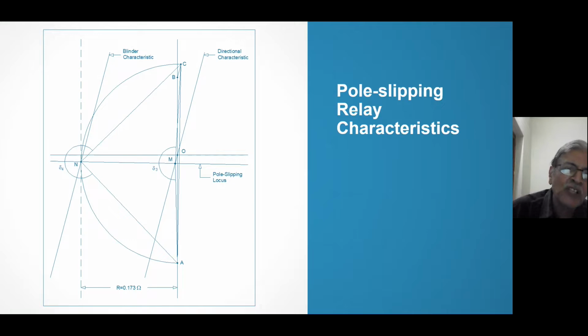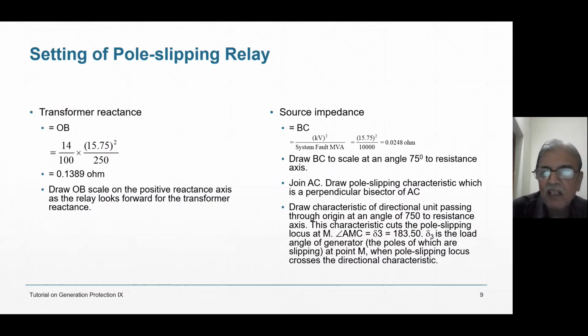And when it is crossing the blinder, it is 270 degrees. And we have to keep 270 degrees because with modern auto reclosers, up to 3 pole pitches are allowed. So you have set delta 3, but the timer should have timed out by that time.